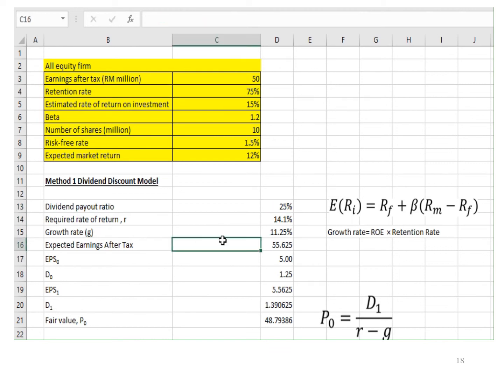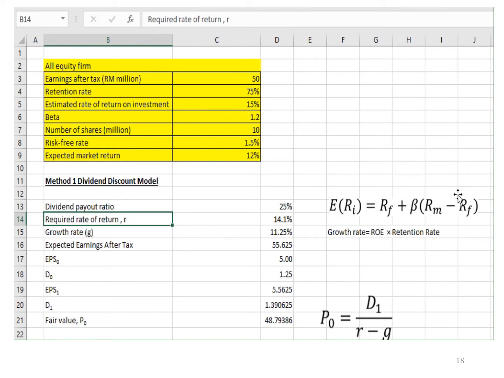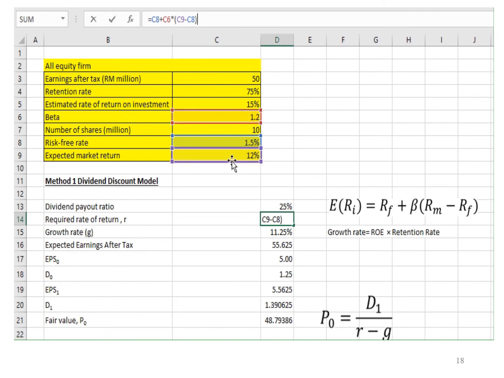Next, I can calculate the required rate of return using the CAPM formula, as shown here. The required rate of return is the risk-free rate of 1.5% plus beta 1.2 multiplied by expected market return of 12% minus risk-free rate of 1.5%.